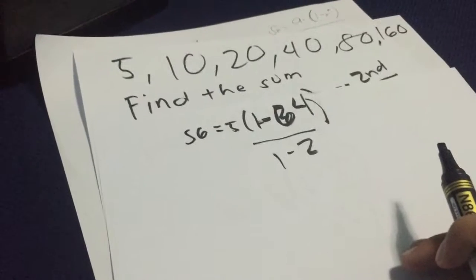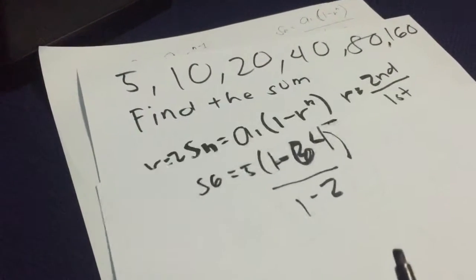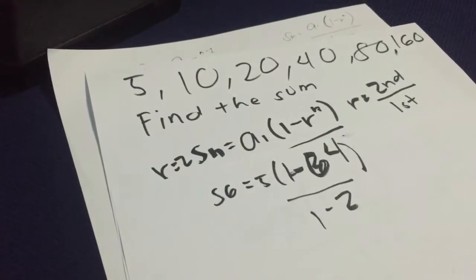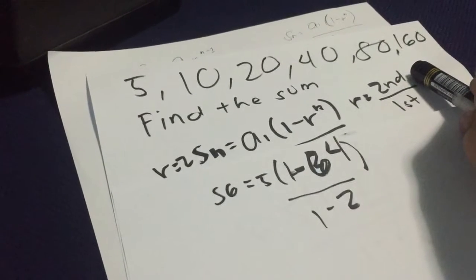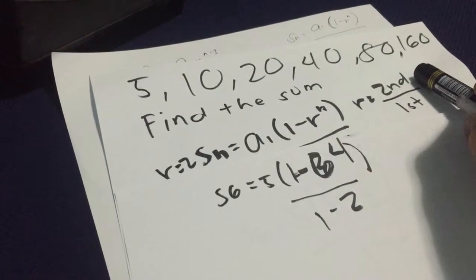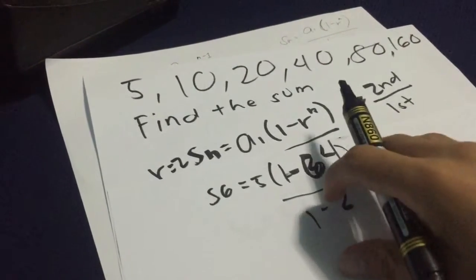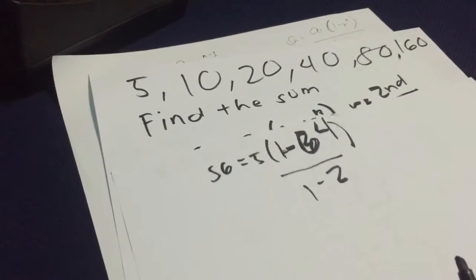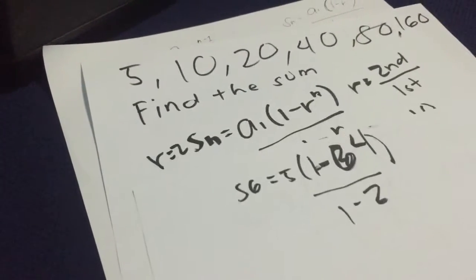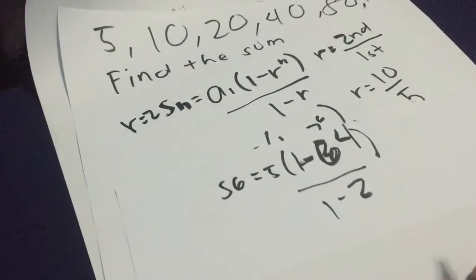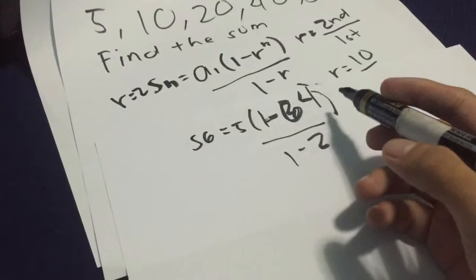Once this sequence has higher numbers, you cannot simply add those numbers because it's too long and it's too high. You have to use your calculator, and this formula helps you to make the work easier.